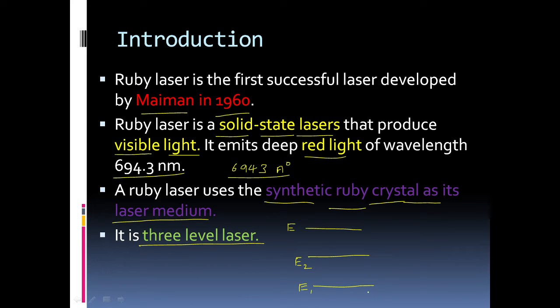Here E1 is the ground level, E2 is metastable, and E3 is the excited level.